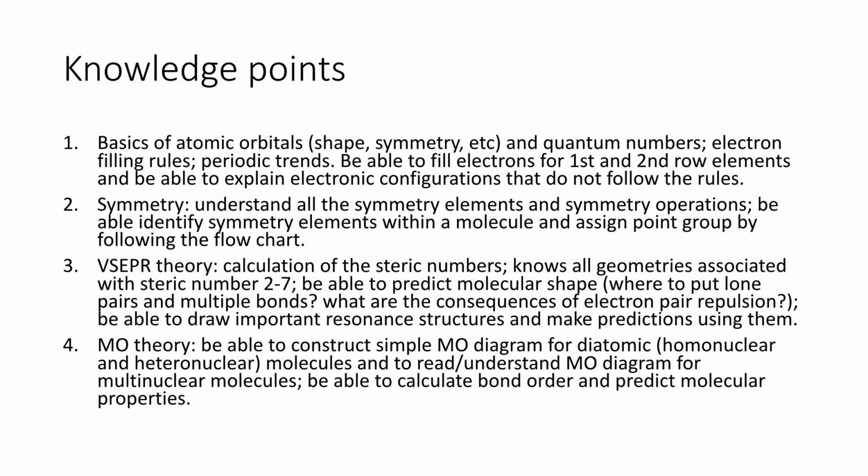All right, and once you draw the resonance structures, you should be able to make assessment about their relative stability. And there are discussions we had in class about which resonance structure is most stable. Basically, more bond is more stable, less charge separation is more stable, and if there has to be charge separation, you would rather have the negative charge on the more electronegative elements.